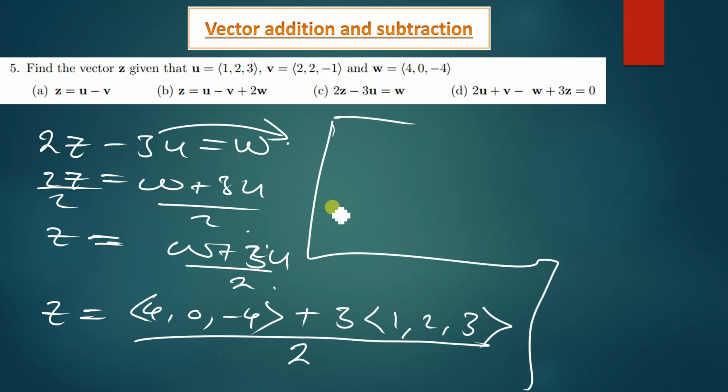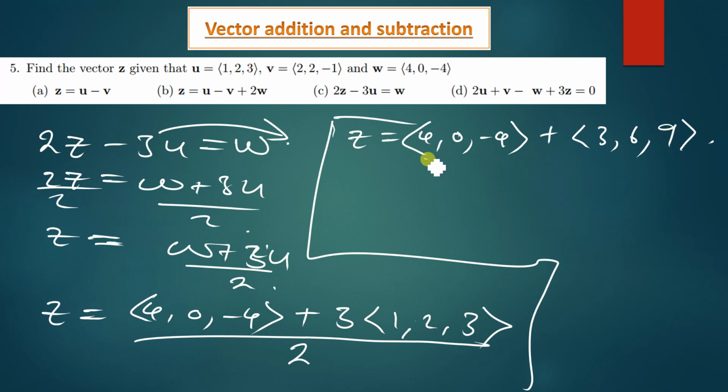We multiply the 3 with everything in the vector: 3 times 1 is 3, 3 times 2 is 6, 3 times 3 is 9. And then we divide everything by 2.